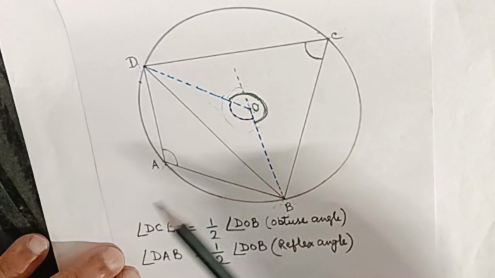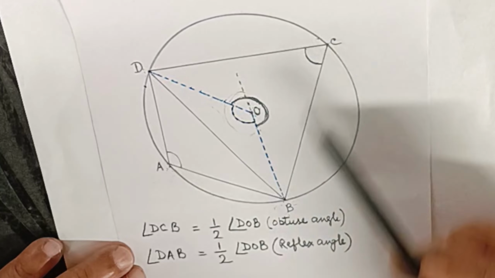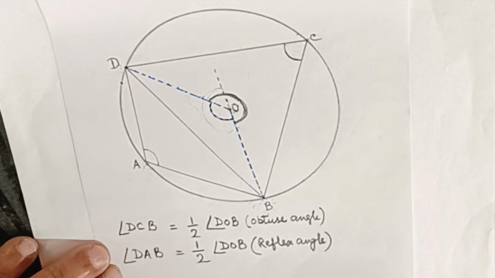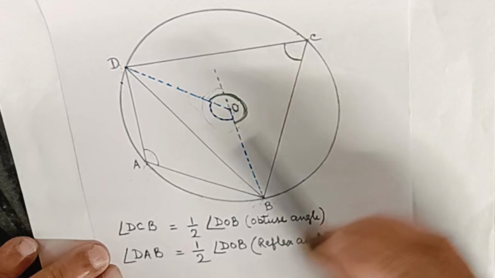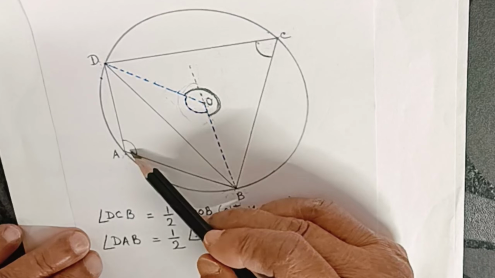Now let us see. If we add DAB with DCB, these two angles are our point of interest because they are the opposite angles of a cyclic quadrilateral. So let us add these two angles.